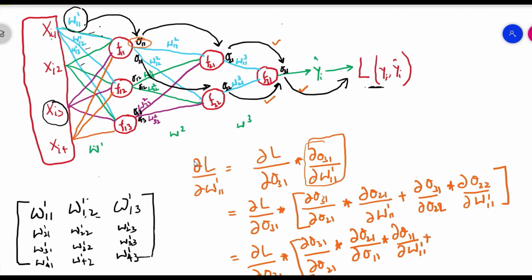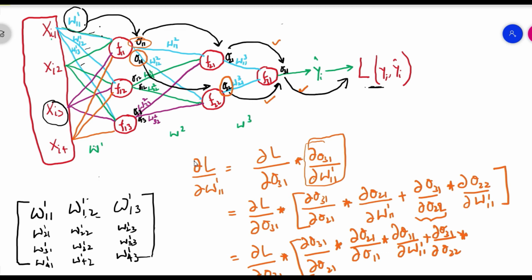Similarly, this part will remain as it is because the rate of change of O31 with respect to O22 does not have any intermediate function in between. However, the rate of change of O22, this output over here, with respect to W111 has another intermediate output 11 in between.